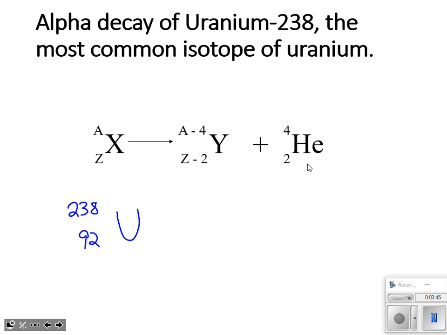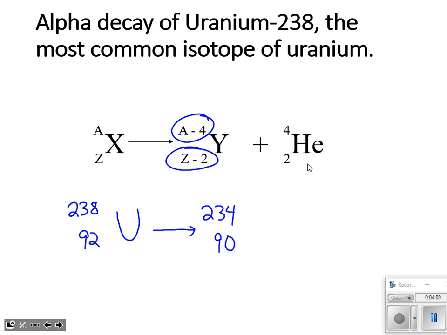Now I've got all the information I need to construct my alpha decay, because I know that A minus 4, 238 minus 4 is 234. Z minus 2, 92 minus 2 is 90.